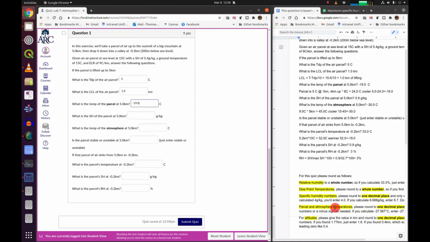That's a parcel temperature, so that's rounded to 1 decimal place. Specific humidity of the parcel at 5 kilometers, I get 0.9 grams per kilogram, rounded to 1 decimal place. What's the temperature of the atmosphere? I get negative 30.0. Is the parcel stable or unstable? Well, we already answered that, unstable.